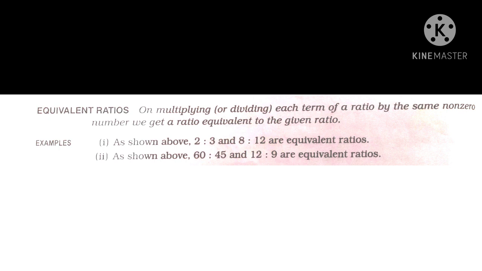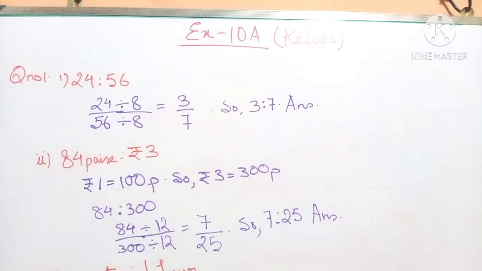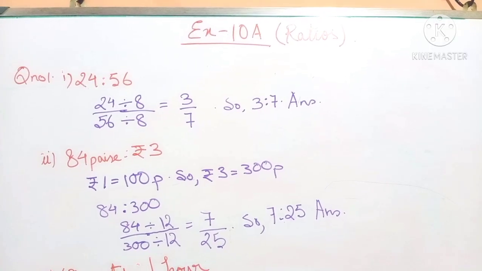So to calculate an equivalent ratio, we convert the ratio into a fraction, and then multiply or divide the numerator and the denominator by the same number. For example, 4:5 is equivalent to 8:10 or 12:15 and so on. Okay, start with exercise 10A. Question number 1.